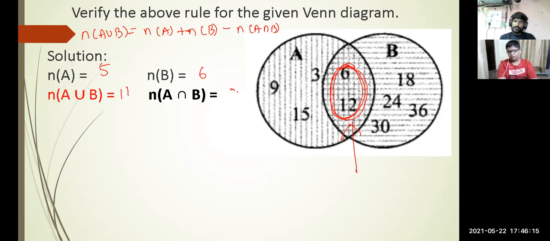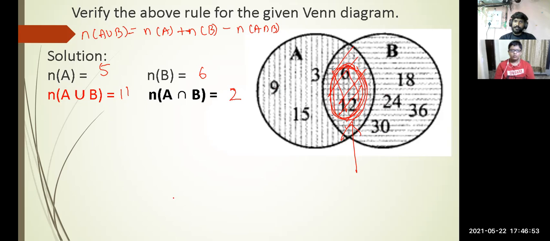How many elements are there in this portion? 2, sir. 2. So won't the number of elements in the intersection be 2? Yes. And union?